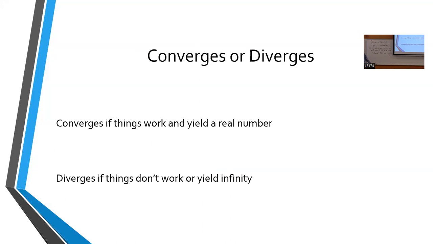So converges means I get a real number out of the process, diverges means I get infinity or something that does not exist out of the process. This all makes sense?